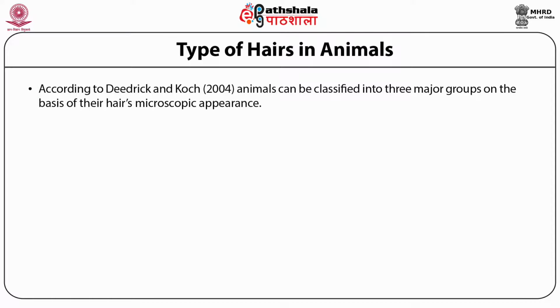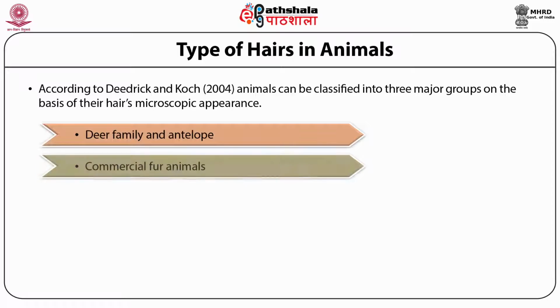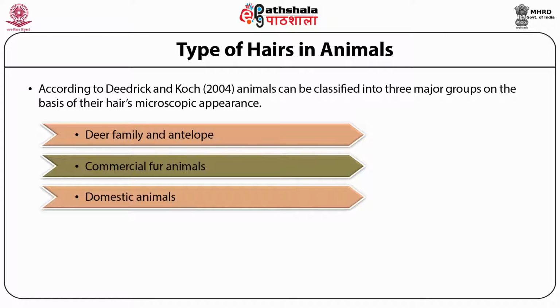According to Deedrick and Koch, animal hair can be classified into three major groups on the basis of their microscopic appearance. These types are deer family and antelope hair, commercial fur animal hair, and the third is domestic animal hair.